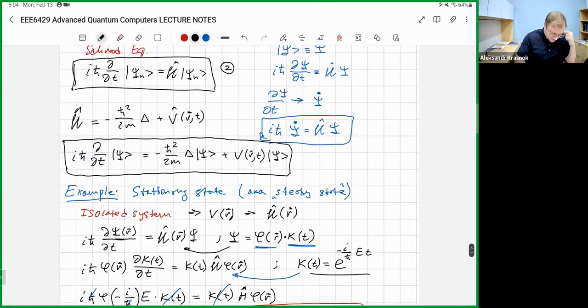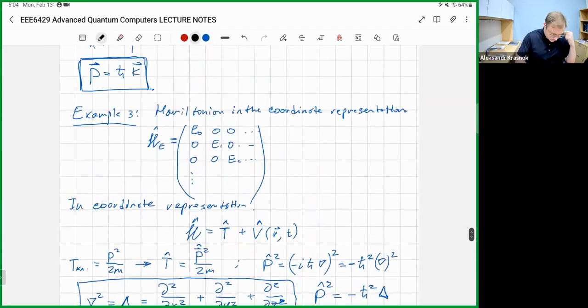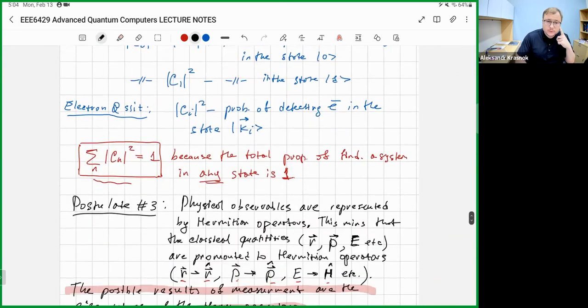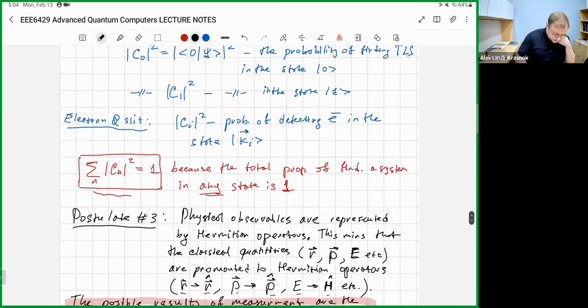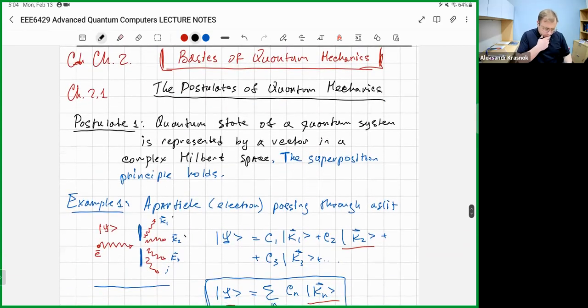So let me go through quickly all these postulates of quantum mechanics, right? Postulates of quantum mechanics.